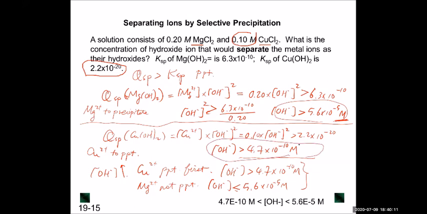Then between these two, whichever is smaller should precipitate first. You can see this number for copper is much smaller than the magnesium, which means copper should precipitate first. If your hydroxide, the precipitating agent, keeps being added, starting from 0, and you keep increasing the concentration, there will be the first precipitate. Whichever needs less precipitating agent should be the first one to precipitate.